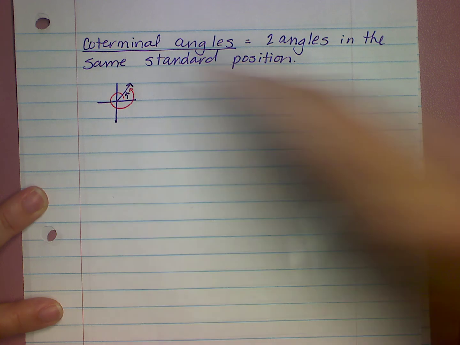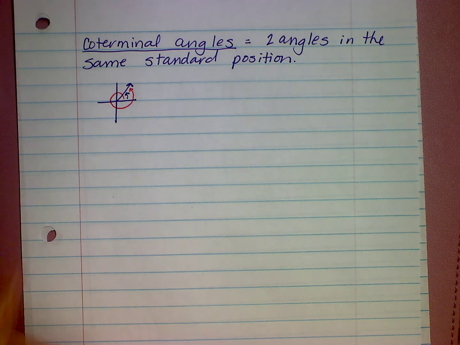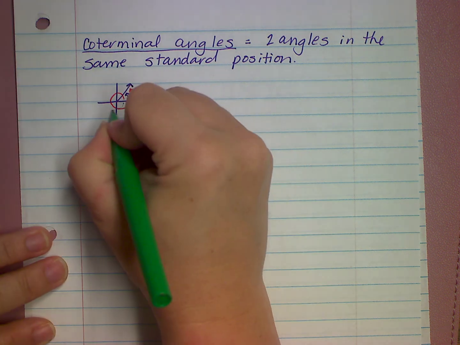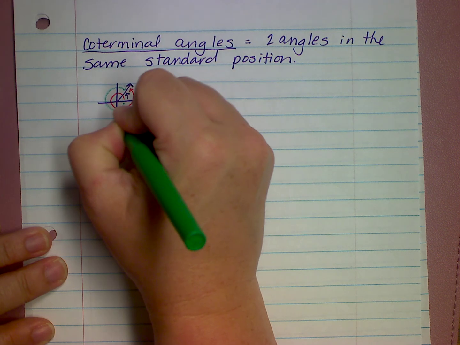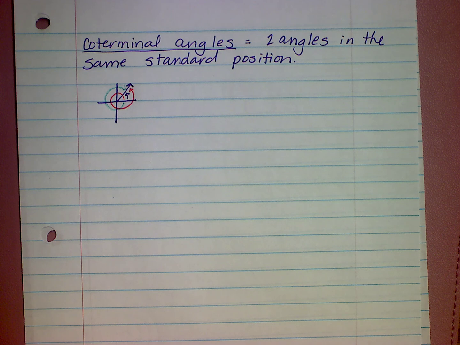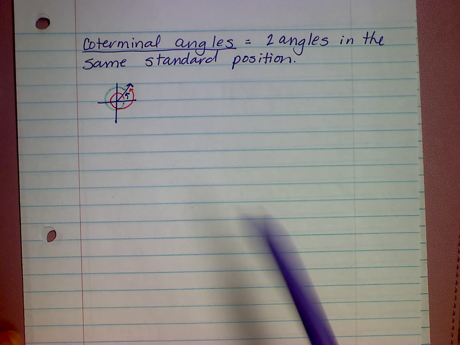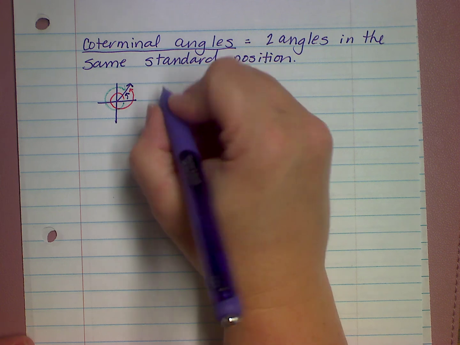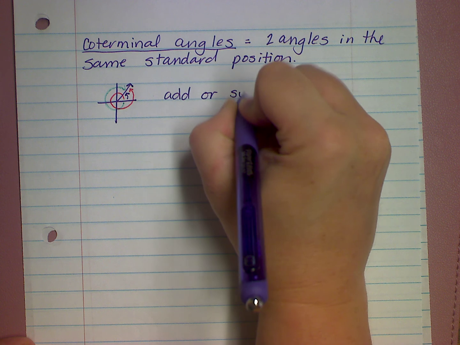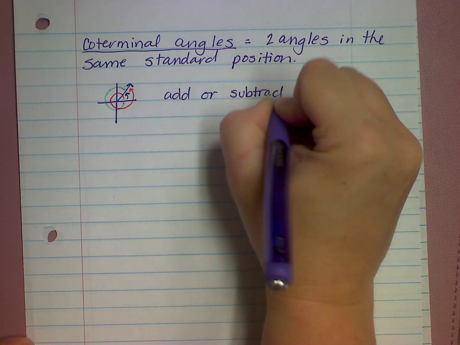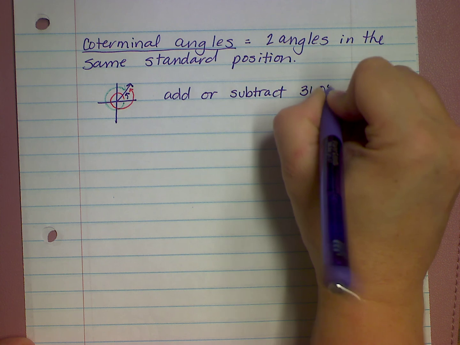Or the coterminal angle could be, let me get another color, that one, and that pen works horribly, doesn't it? But it's any combination of the swirlies without moving the terminal side. Okay, so how do we find coterminal angles? You either add or subtract 360 degrees.